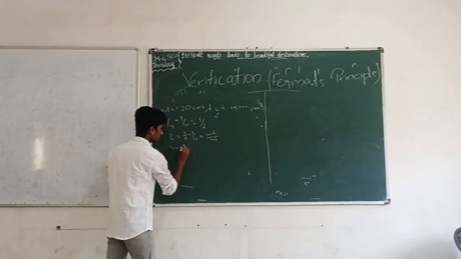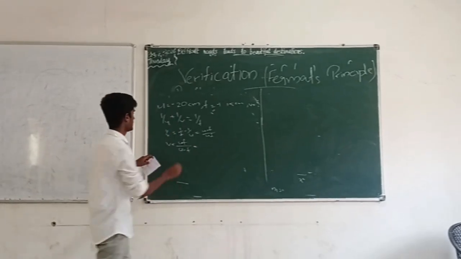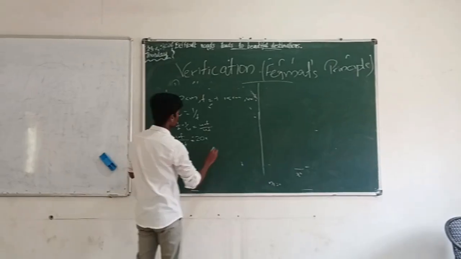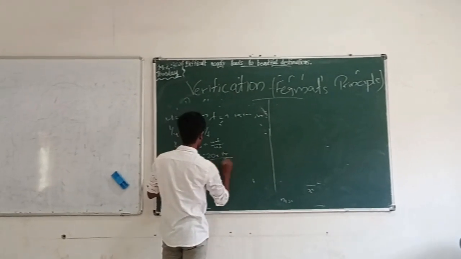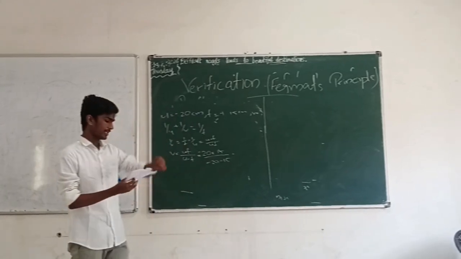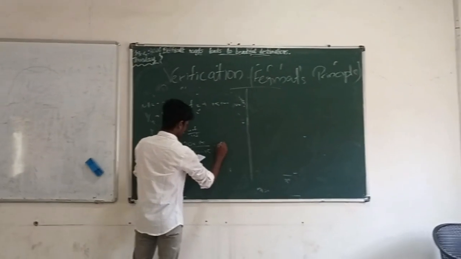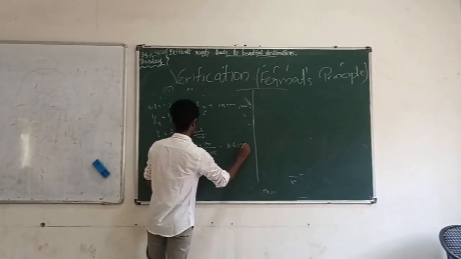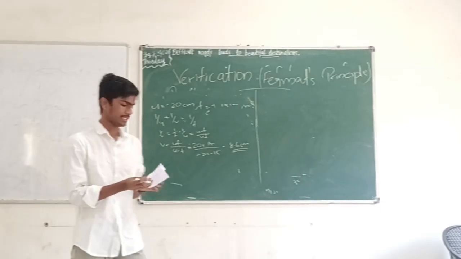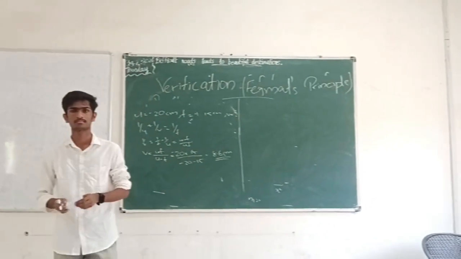So v is equal to uf by u minus f, that is minus 20 into 15 by minus 20 minus 15. We will get the answer as 8.6 centimeter. So the image will be at 8.6 centimeter away from the pole.